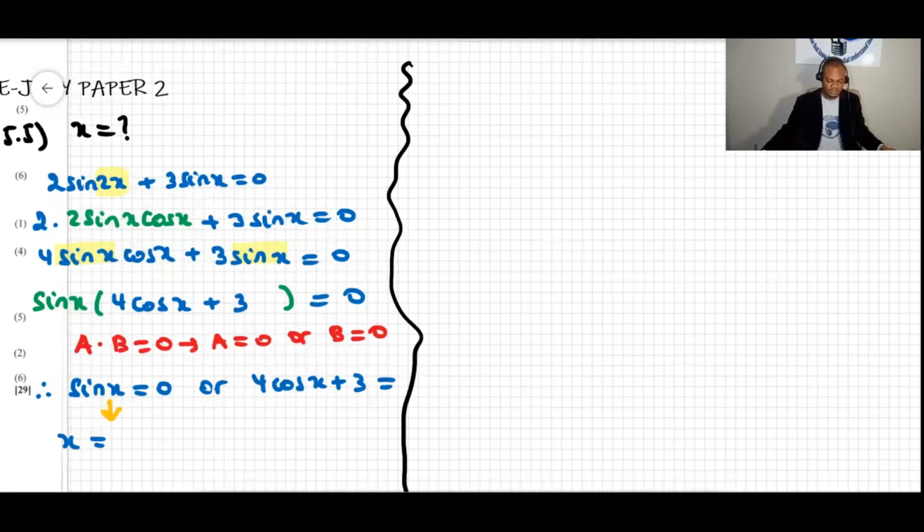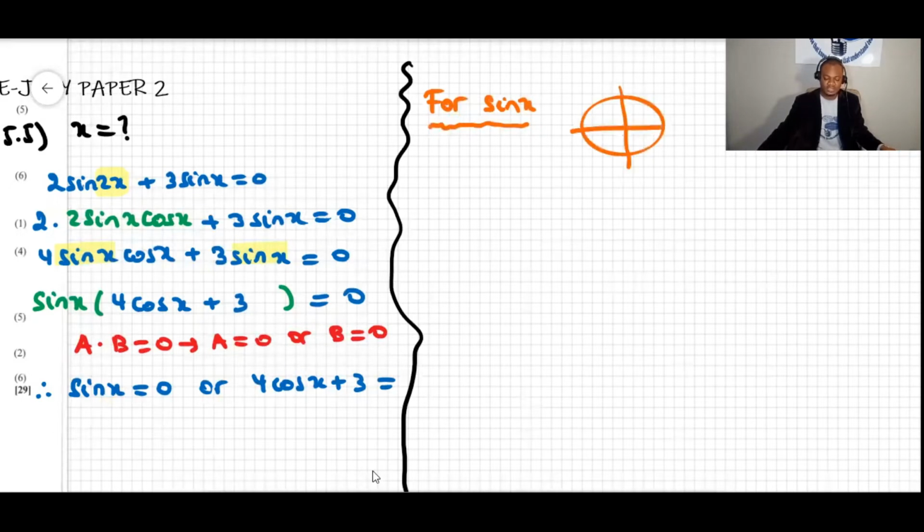For sine x, it is equal to 0 at 0 degrees, and it is also equal to 0 at 180 degrees.